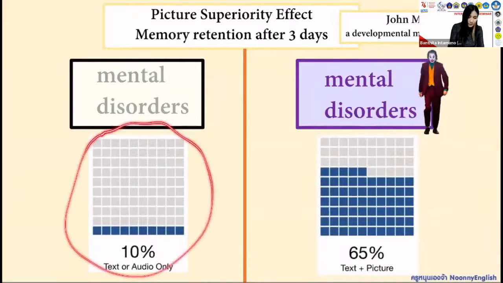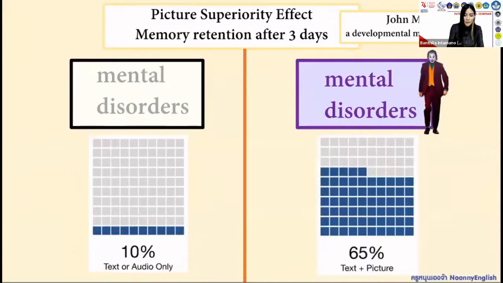If that information is presented as text combined with a relevant image, we're likely to remember 65% of the information 3 days later. That's why if you include pictures relevant to the text or information you are teaching, it is easier for them to remember.